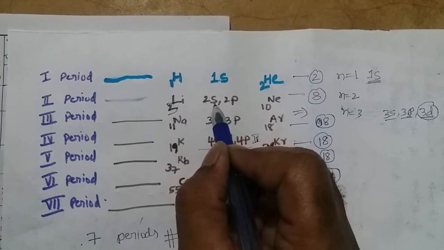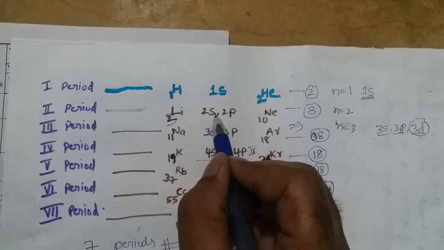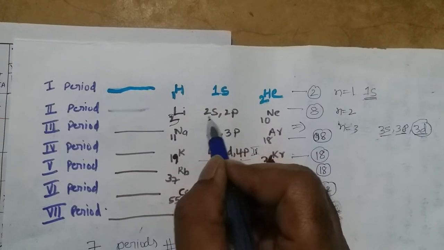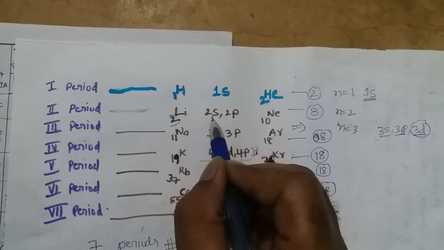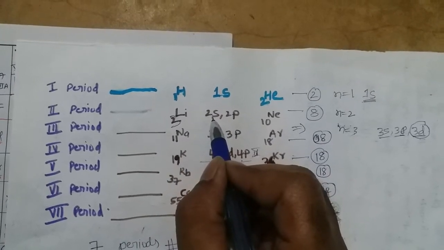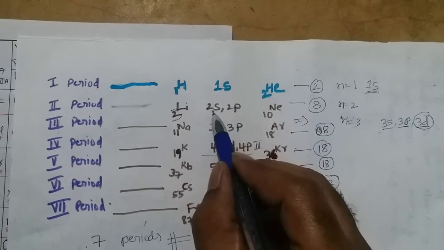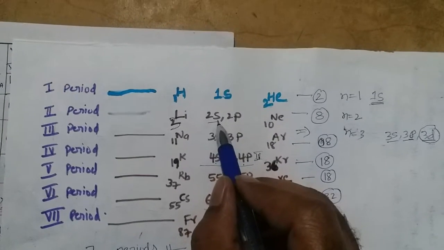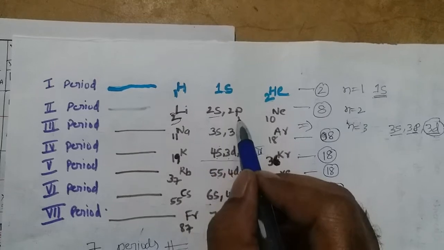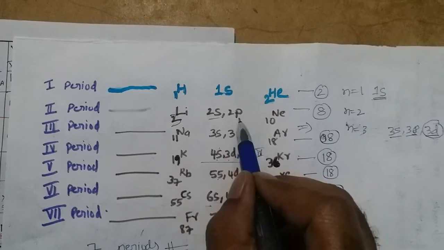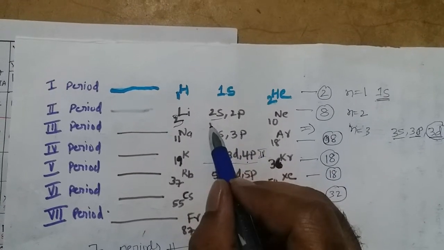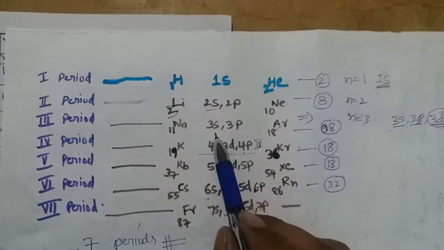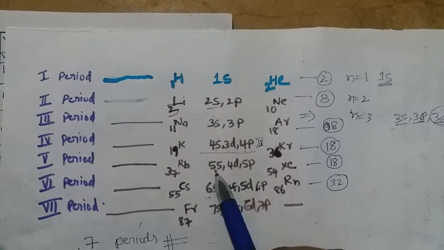So for lithium and beryllium, the valence differentiating electron is in the s orbital only. So we have s block elements and p block elements also in the second period. In the third period also we have s block and p block elements.